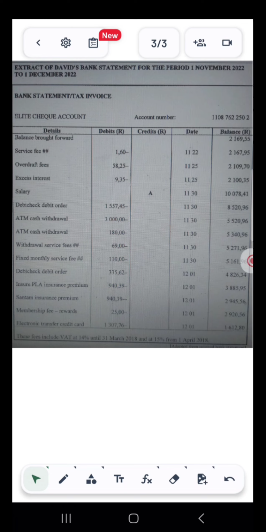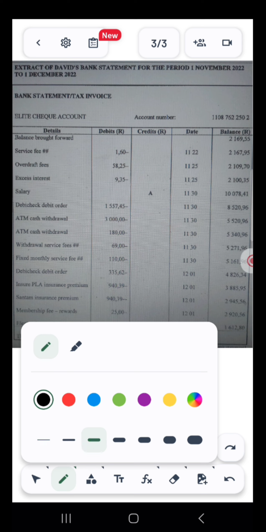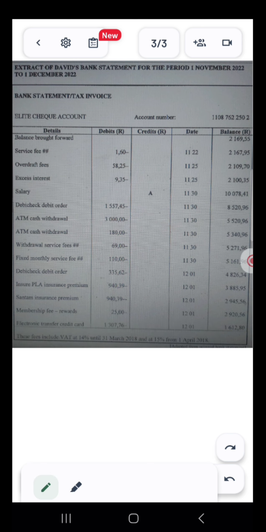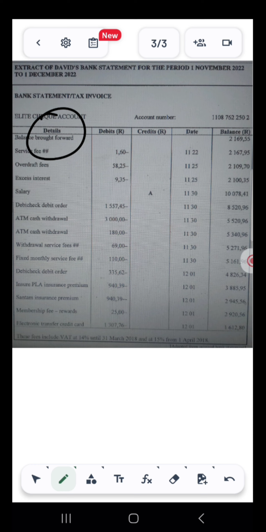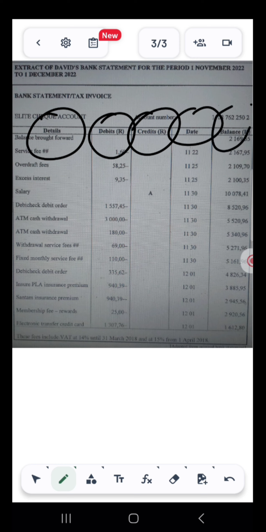And then there are details, debit, credit, date, and balance, right?